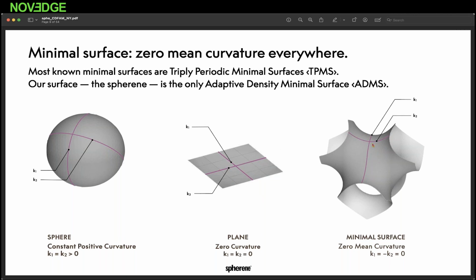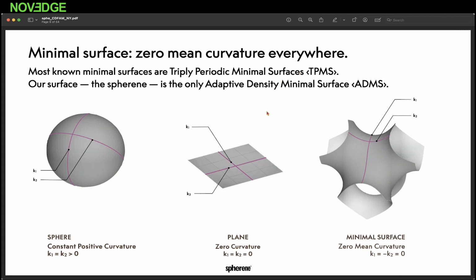And if the curves are curved in the opposite direction, then it's a minimal surface. There are a lot of minimal surfaces known as triply periodic minimal surfaces fitting in a unit cell, where you have a form that attaches most of the time inside of a cube to another cube and connects these surfaces together.